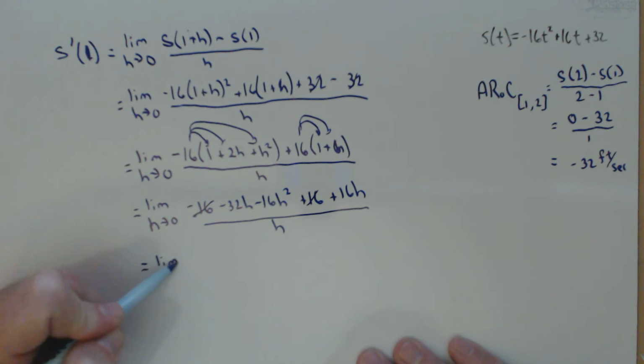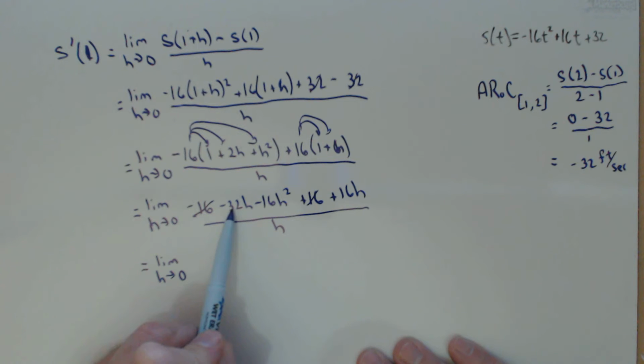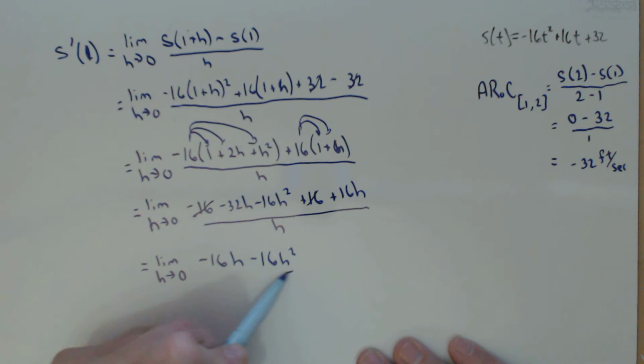And now we've got the limit as h approaches 0. Negative 32h plus 16h is going to give us a negative 16h minus 16h squared all over h. Now what I'm going to do in that numerator is I'm going to factor out an h. So I have the limit as h approaches 0.